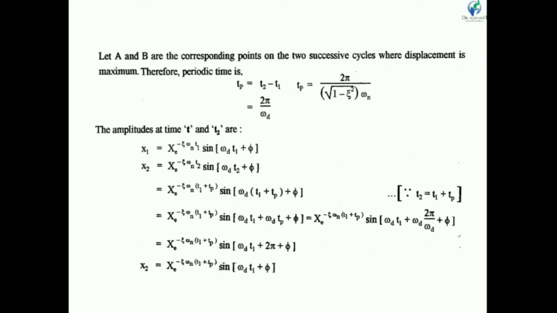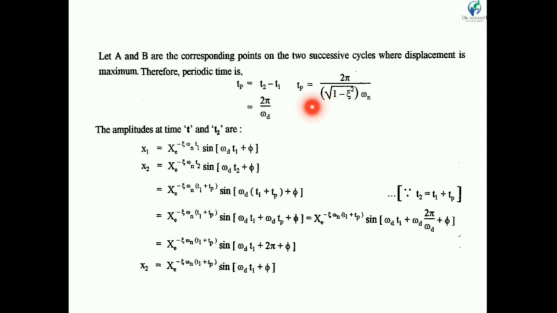In another way, the periodic time can be written as 2 pi upon omega d, where omega d is the frequency of damped vibration. So we rewrite this equation: Tp is equal to 2 pi upon omega d, where omega d is equal to omega n into the square root of 1 minus zeta square.